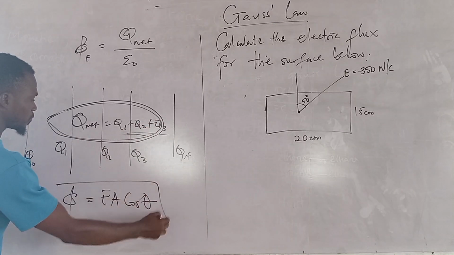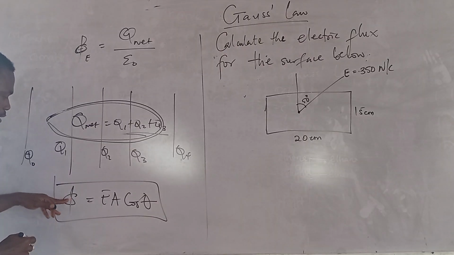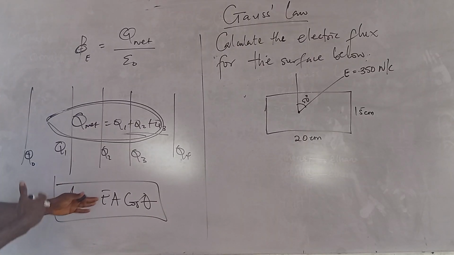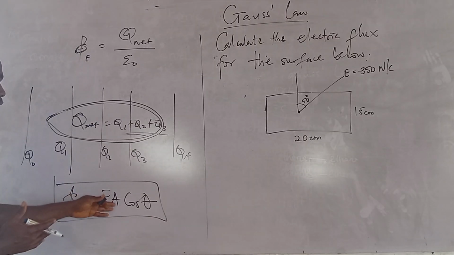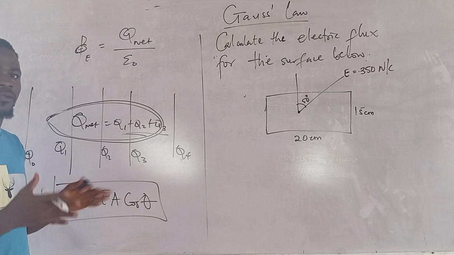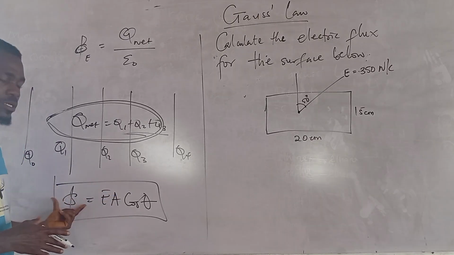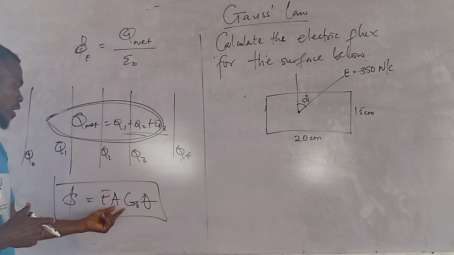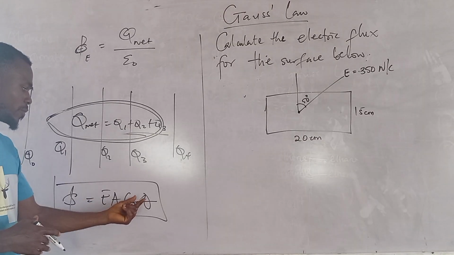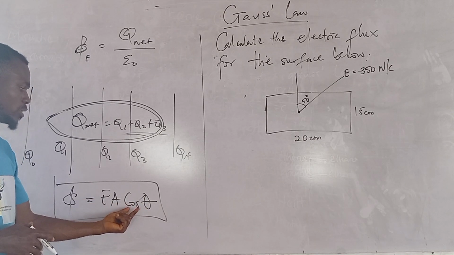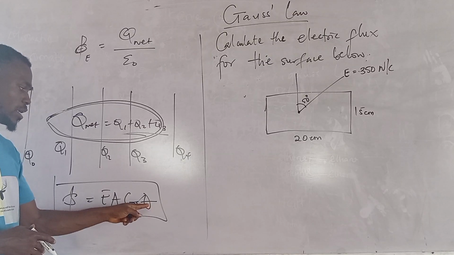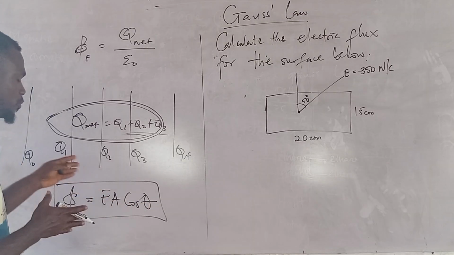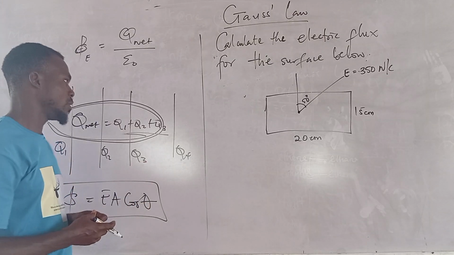When we talk about electric flux, we are talking about the electric field lines that pass through an area. So E represents the electric field and A is the area. Then we have cos theta, where theta is the angle between the field and the area.